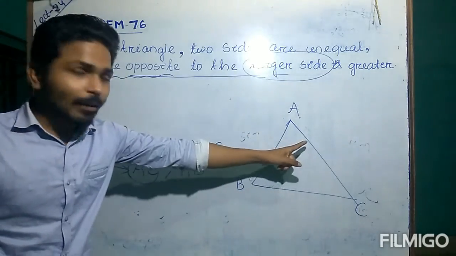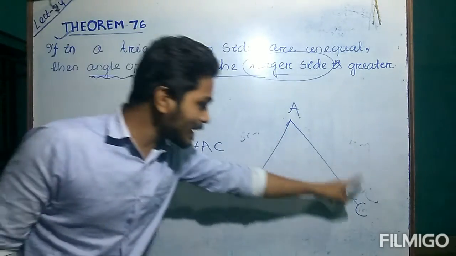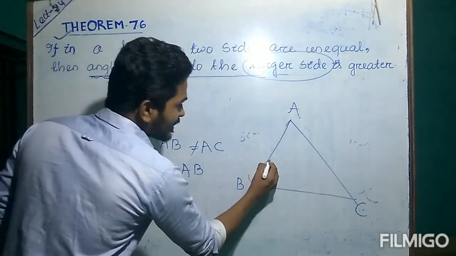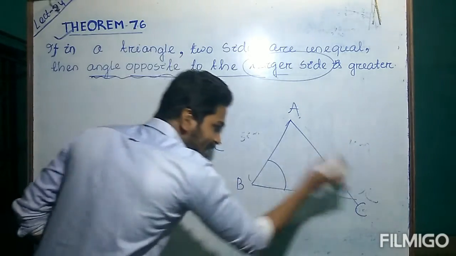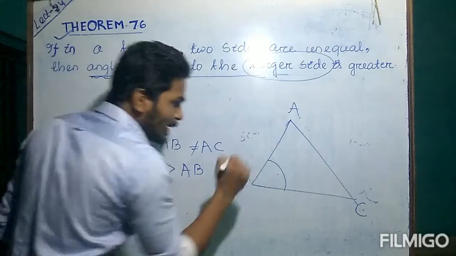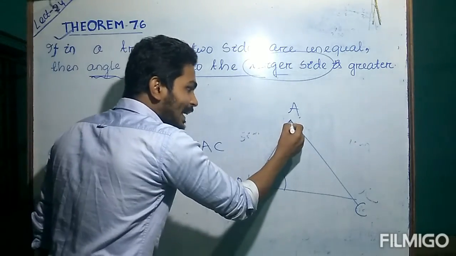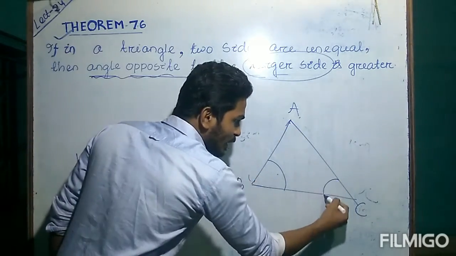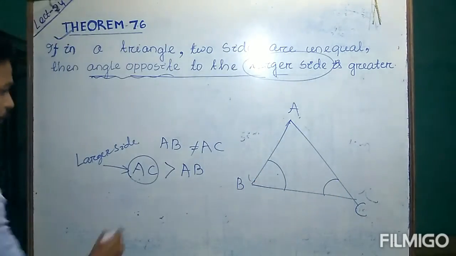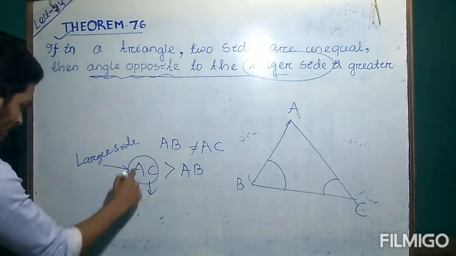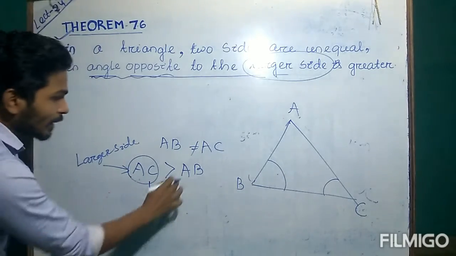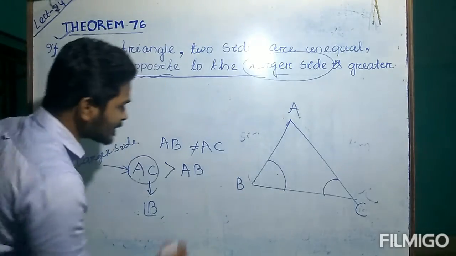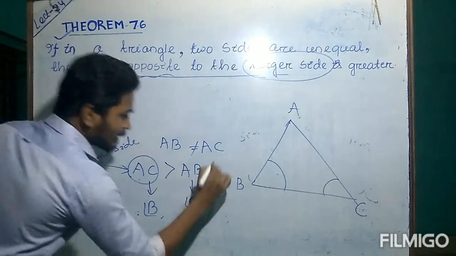Find the opposite angle to this side AC. This angle, the front angle. This is the opposite angle of the side AC, angle B. And what is the opposite angle of the side AB? This one, angle C. So for side AC, the opposite angle is angle B. For side AB, the opposite angle is angle C.